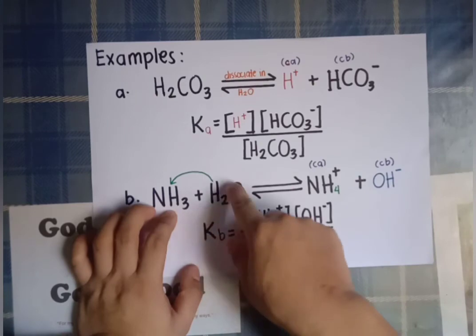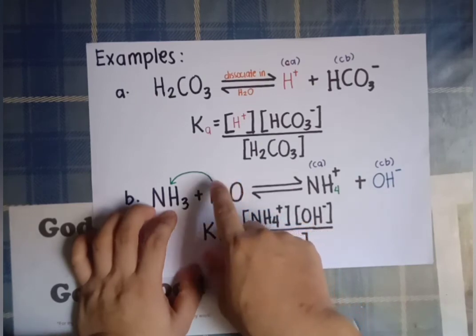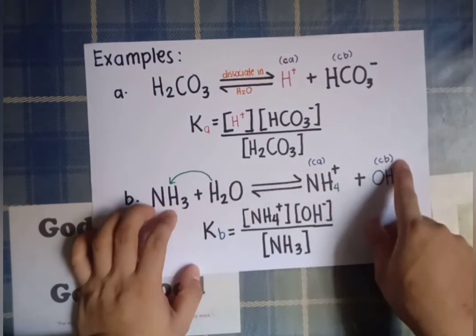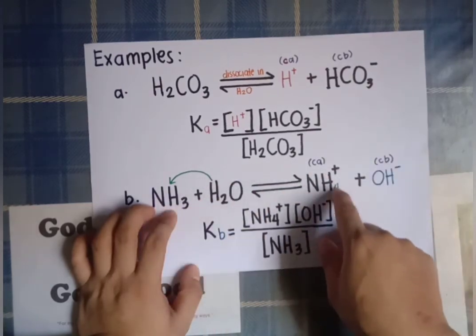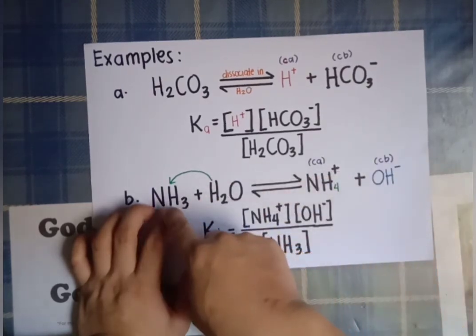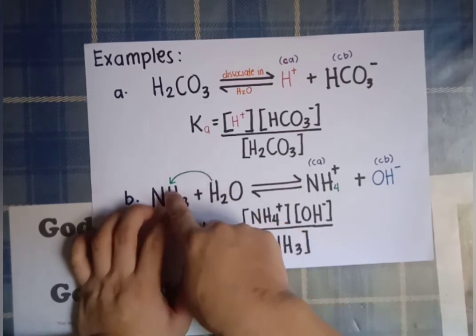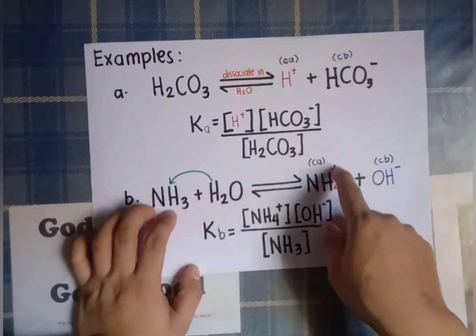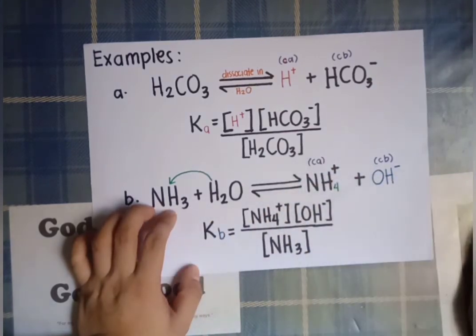Because again, hydrogen is positively charged, and once you lost a positively charged hydrogen, of course you will now become negatively charged. NH4 is positively charged because, as you have noticed here, it actually received positively charged hydrogen, and as you receive positively charged hydrogen, of course you will now also become positively charged, and therefore NH4 is positively charged.